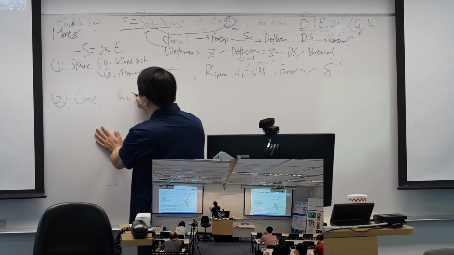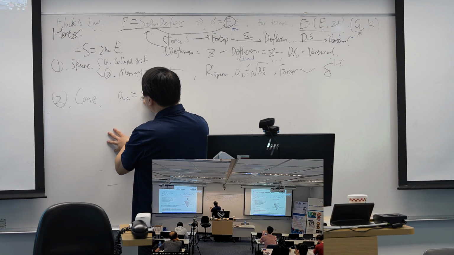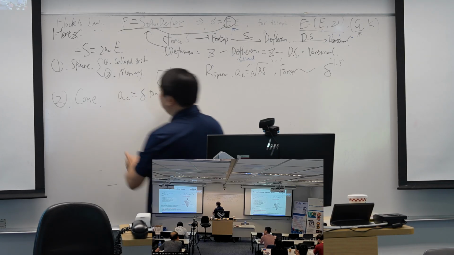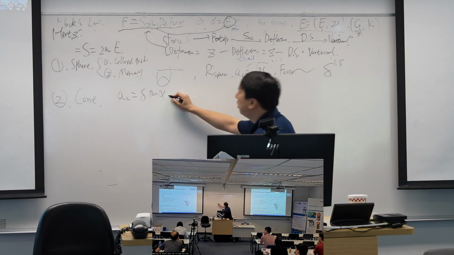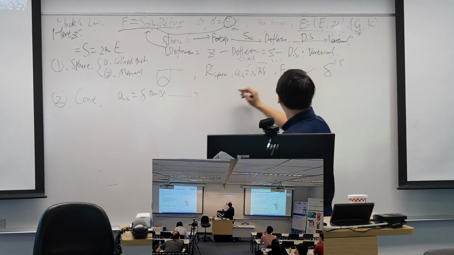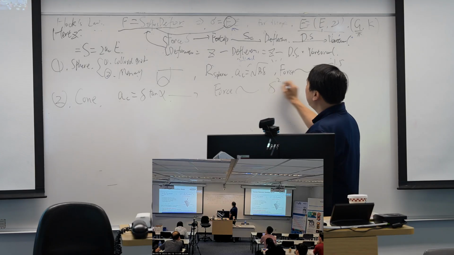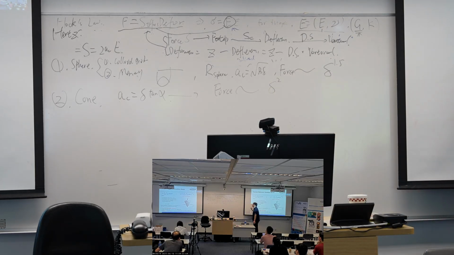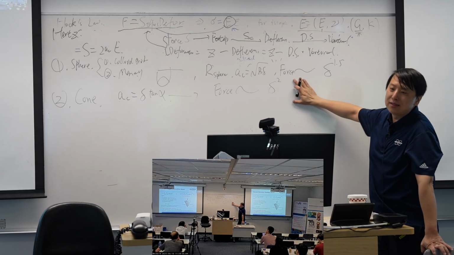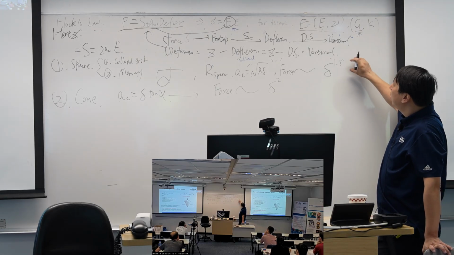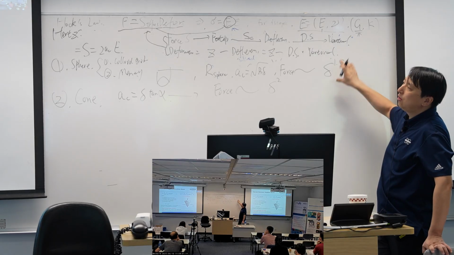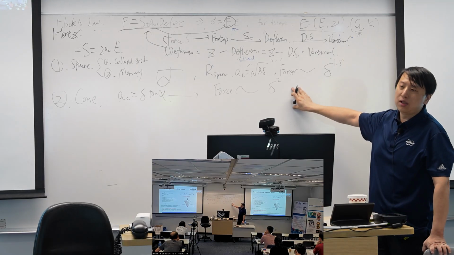So the AC is the delta times tangent alpha. And then our curve will be the force proportional to delta squared. The order is 2. That's another situation. So one situation is using a sphere, this situation is using a cone.